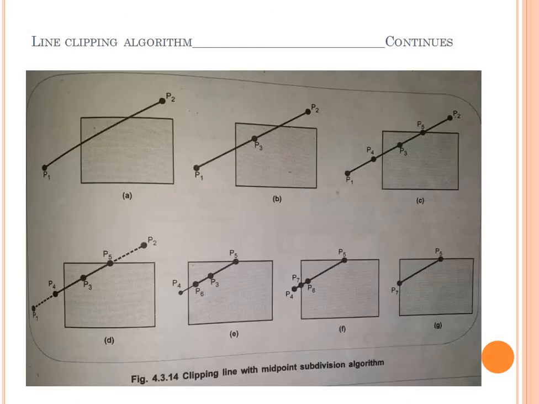Here is the figure of this line clipping algorithm, that is midpoint. How to calculate this midpoint, or how to find the midpoint of the line clipping. In this there is a P1 and P2. P1 is one segment end and P2 is another.